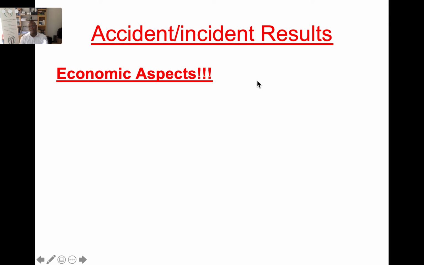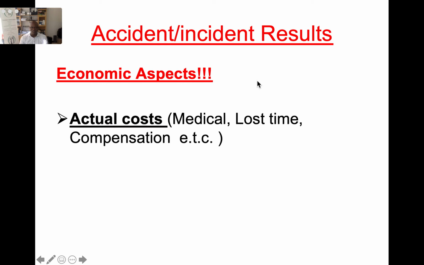What about, on the other hand, we talk about economic results, economic aspects to accidents and incidents. What are those economic aspects? Under actual cost, if you remember the iceberg theory, the Titanic analogy with the iceberg theory, what you see on top is totally different from what you see at the bottom.